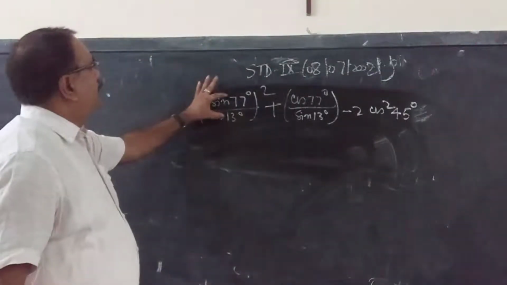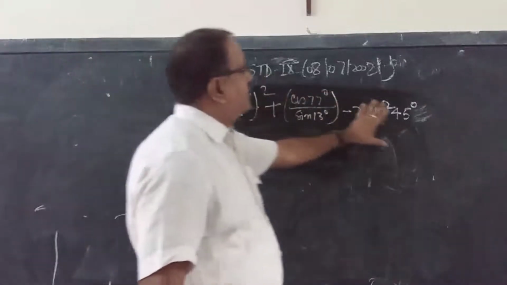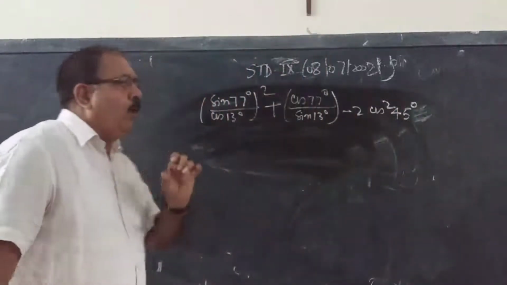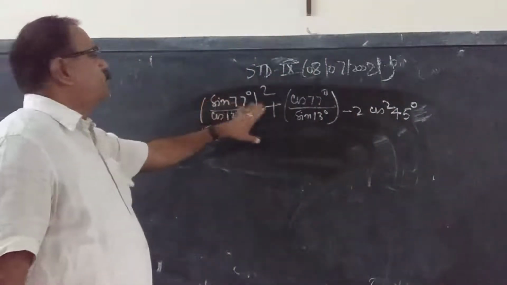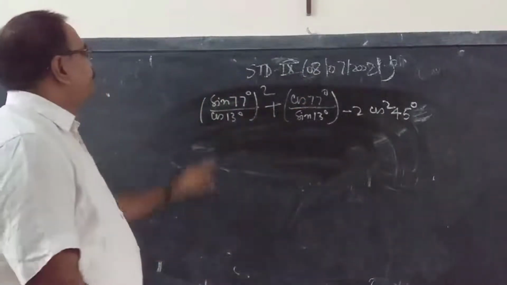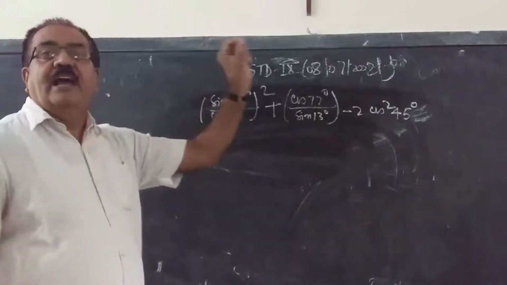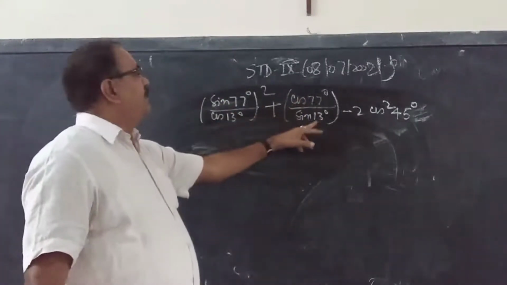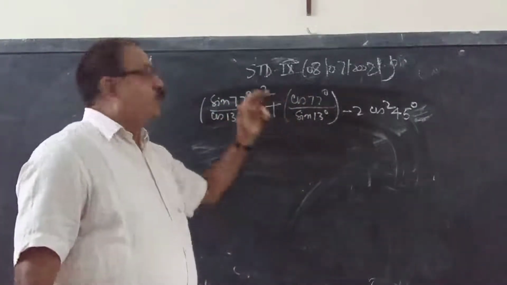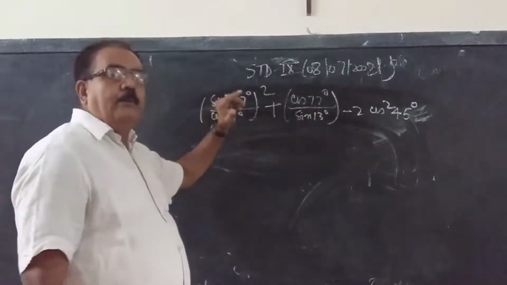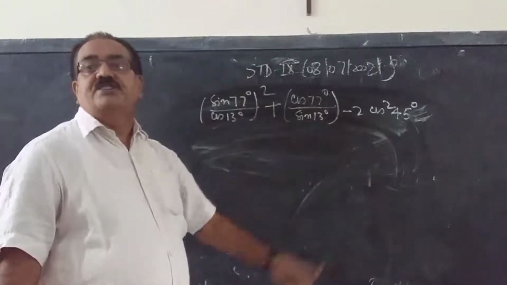Now see here, there are three terms, and the first two terms are given as fractions. When we sum 77 and 13 it becomes 90. Here also 77 and 13 become 90. So out of these I will convert one into the complementary angle.